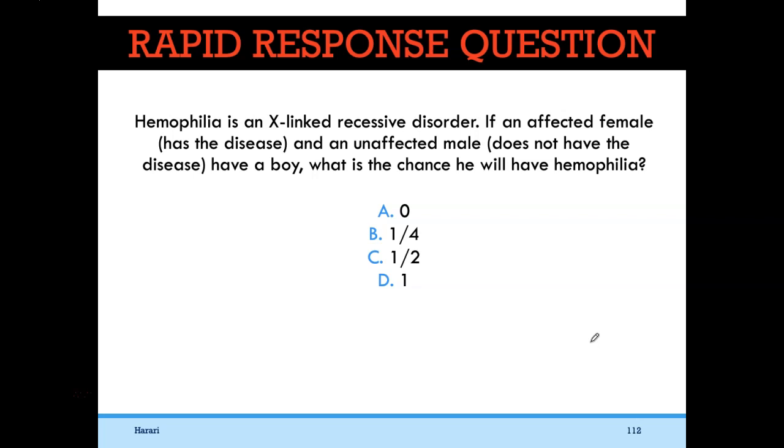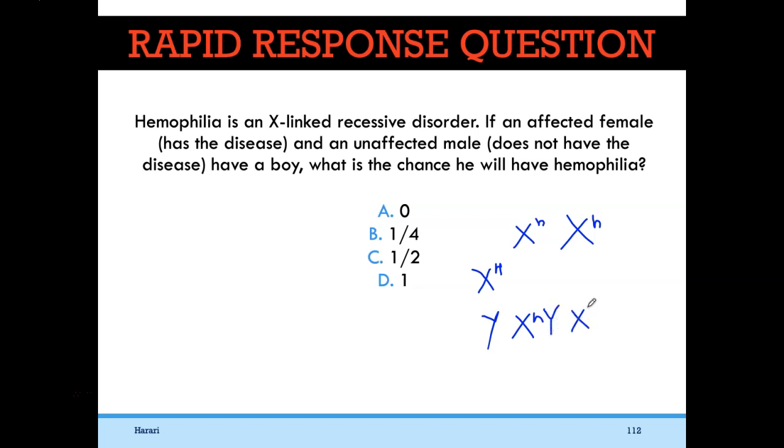Hemophilia is an X-linked recessive disorder. If an affected female and an unaffected male have a boy, what is the chance that he will have hemophilia? Let's do this problem out. Pause it here and do it yourself. The affected female is X^H X^h, and the unaffected male is X^H Y. If they have a boy, what is the chance that he will be a hemophiliac?